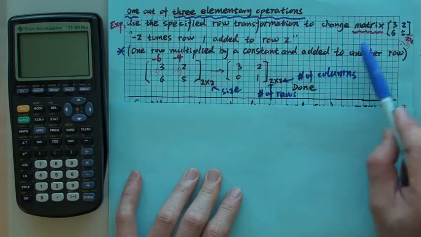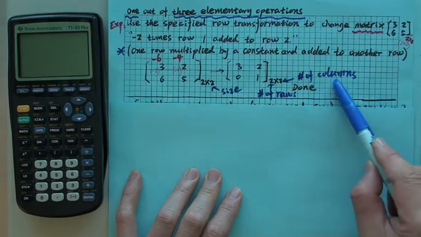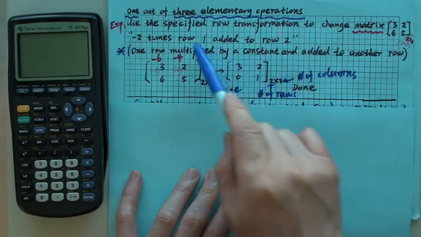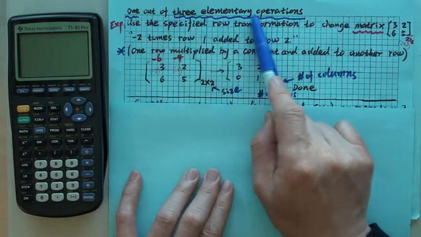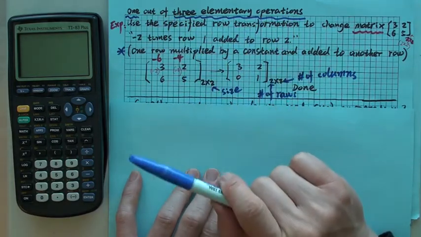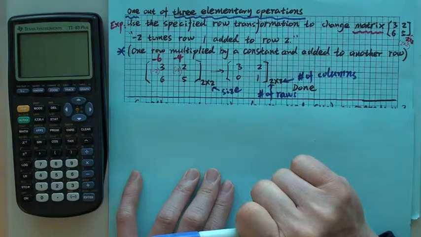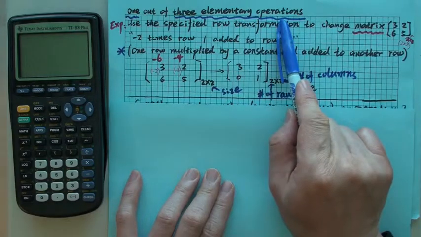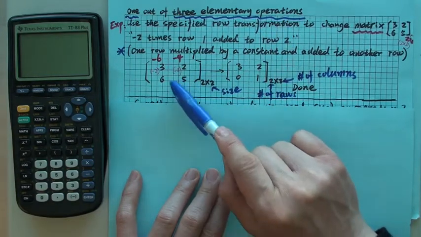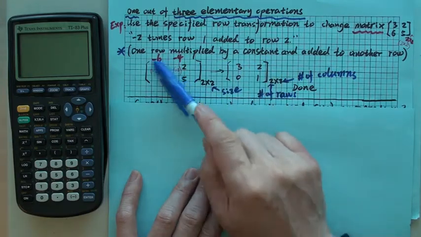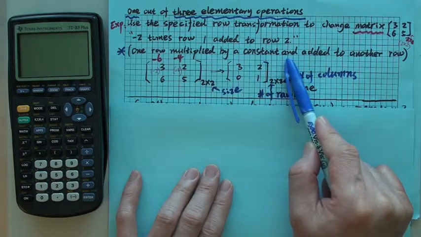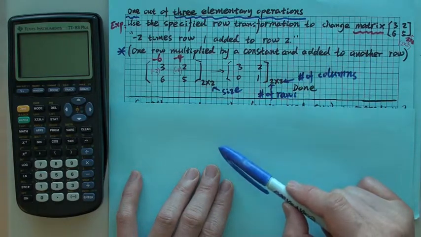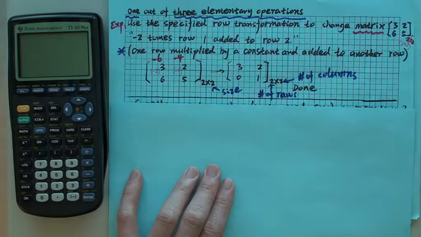That's concept 1, the size, then 2, 3, 4, and you've got one of the elementary operations. So there are 5 concepts: what's the meaning of elementary operation of matrix, and here is the one: one row multiplied by a constant and added to another row.